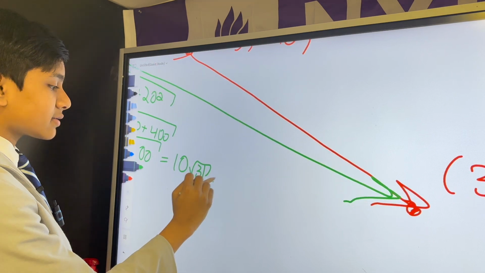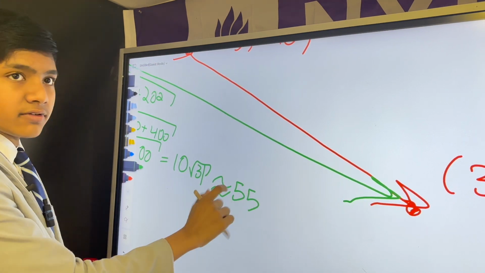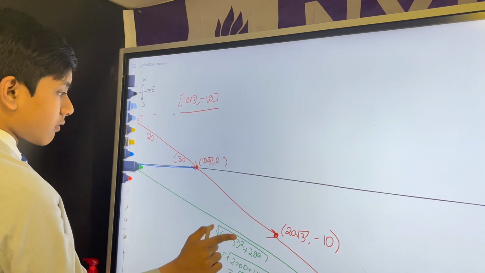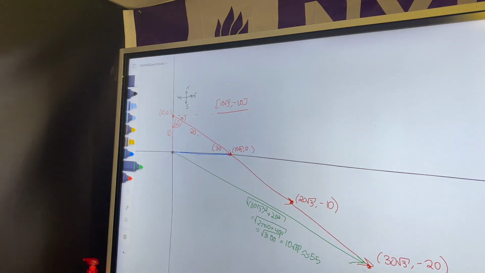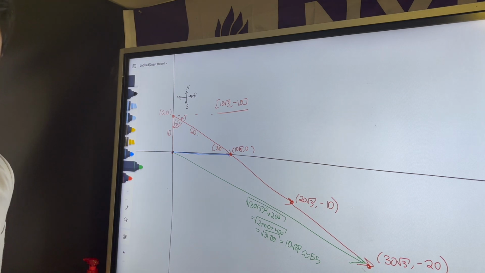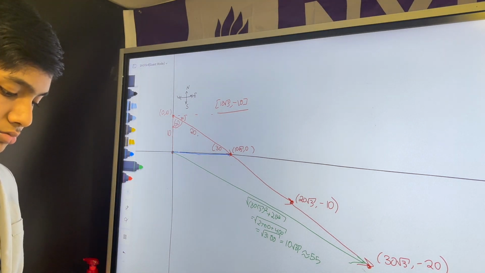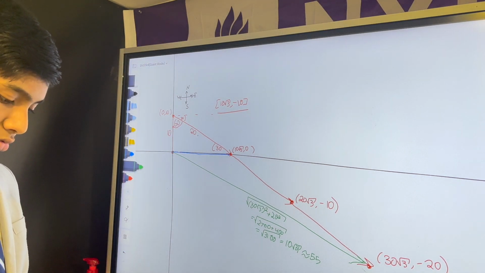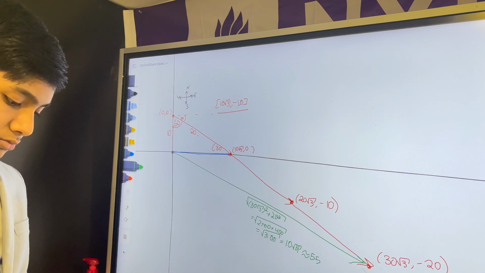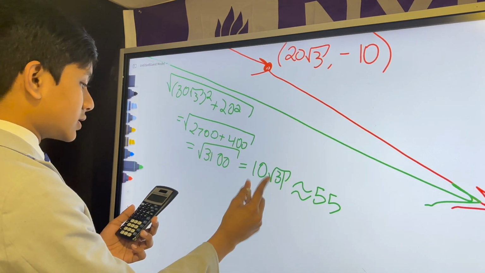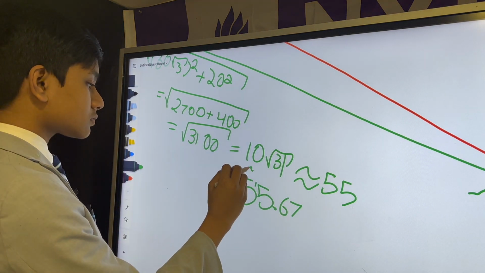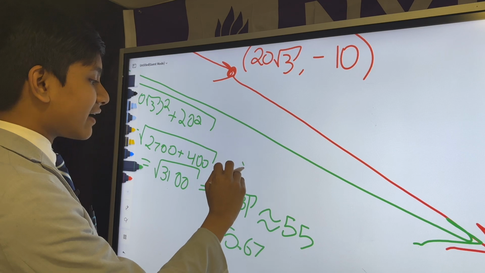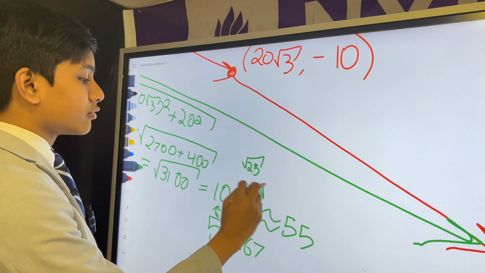And if you want an estimate, I think that's about 55. I don't have a calculator, otherwise I could verify that answer. Do you verify this answer? R is equal to 10 root 31, yeah, 55.67. Oh, that's close enough. I mean, it's about halfway between root 25 and root 36.